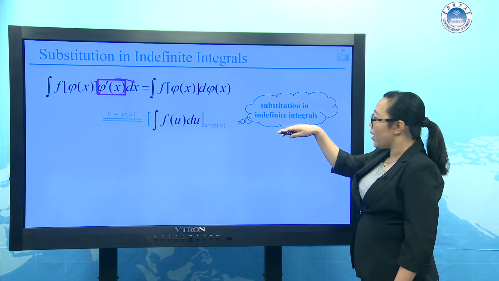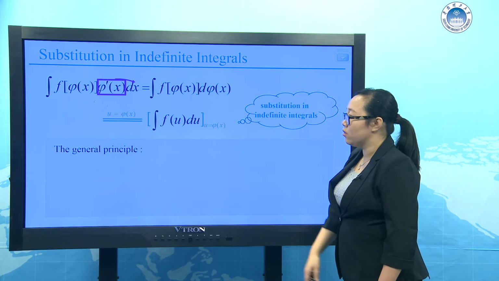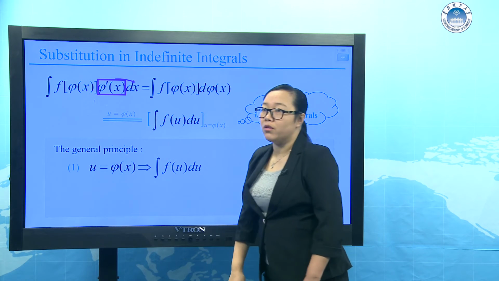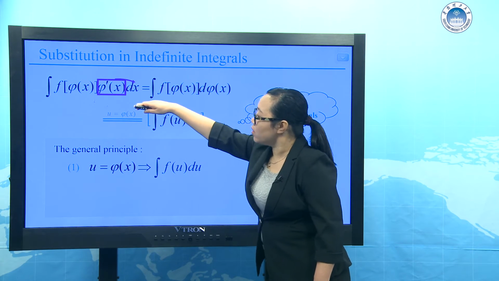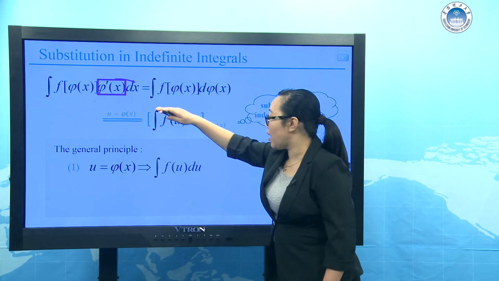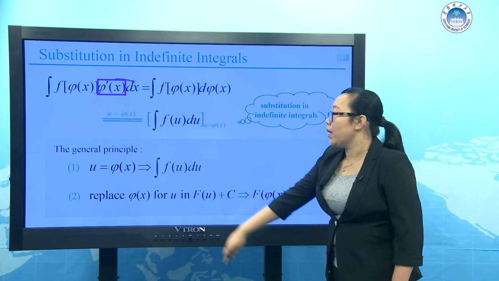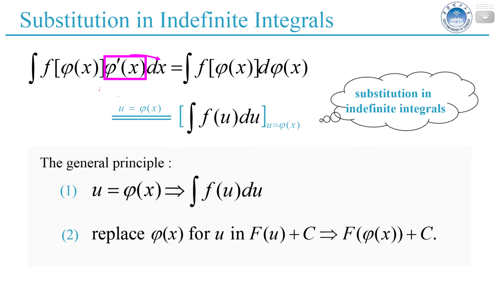Substitution in indefinite integrals: in the expression, please pay attention to 2 points. The general principle, point 1: if u equals g(x), the original indefinite integral becomes f(u) du. Point 2: replace u with phi(x) in F(u) plus c.